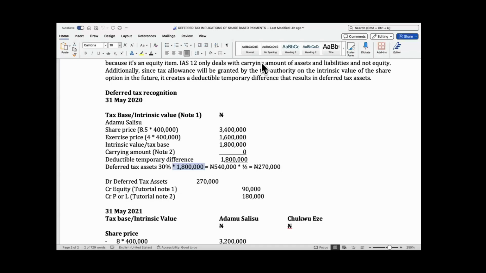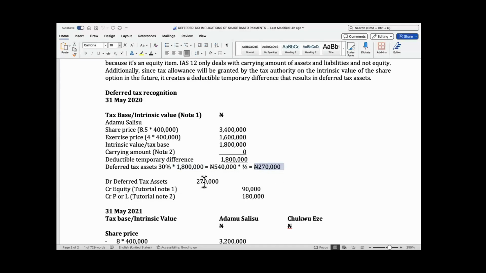This intrinsic value is like saying that this is the value of the option as of today; we estimate that if you are patient till the vesting date, this is the value of what you get. On the basis of that, I want to get deferred tax because that's what the taxman will allow. But I need to share this deferred tax between those 2 years. That's why I'm doing 1/2. If it's 3 years, I do 1/3, something like that. So I did 1/2, and I got 270.